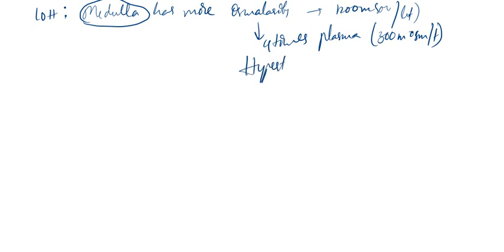That is why it is called a hypertonic solution. The solution passing through the medullary portion of the kidney, that is in the loop of Henle, is defined as hypertonic, because this osmolarity is 1200 milliosmoles per liter. That is too much.